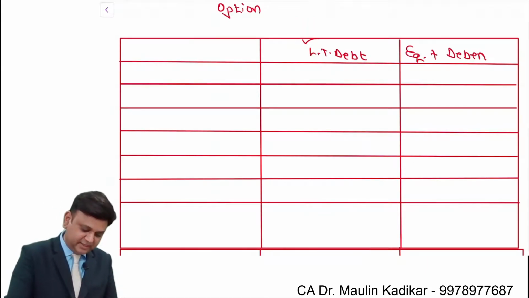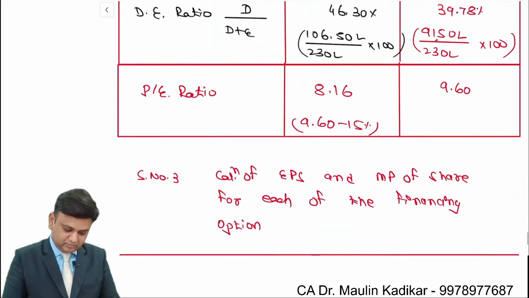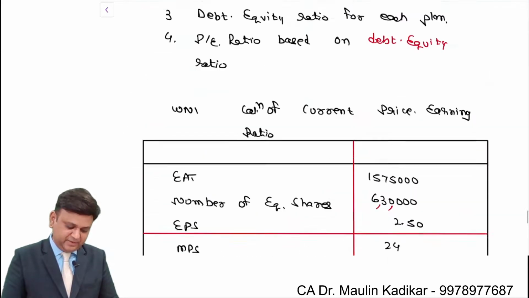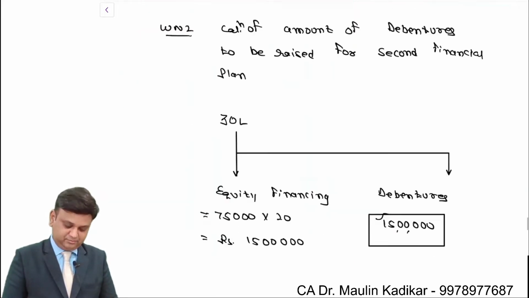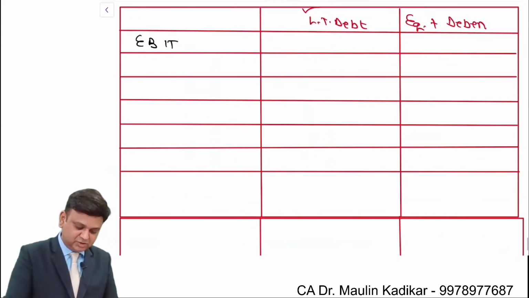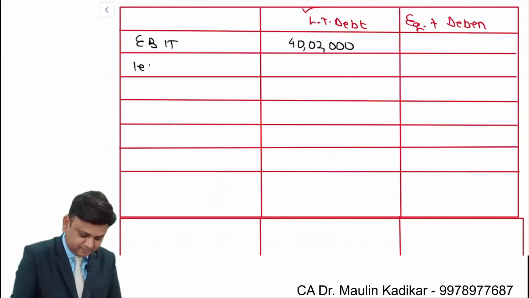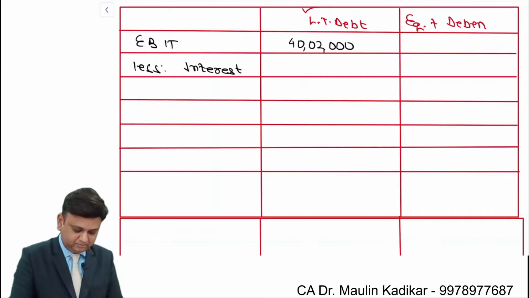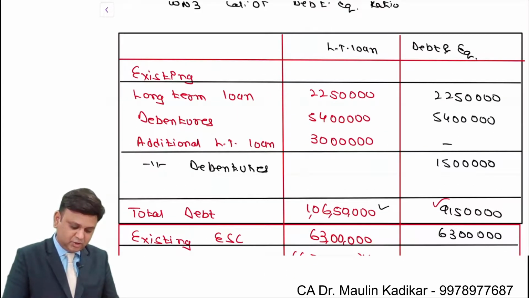We'll start with the EBIT. We can see that we already have found EBIT, friends. It is an amount of 40,02,000. Less interest. In that we have the long-term loan, debentures and additional long-term loan.